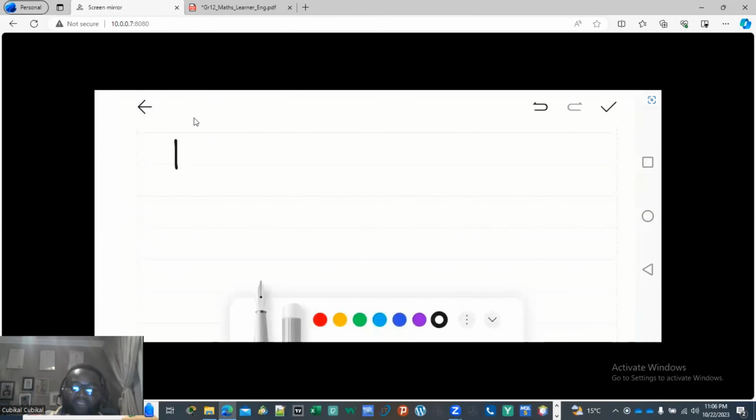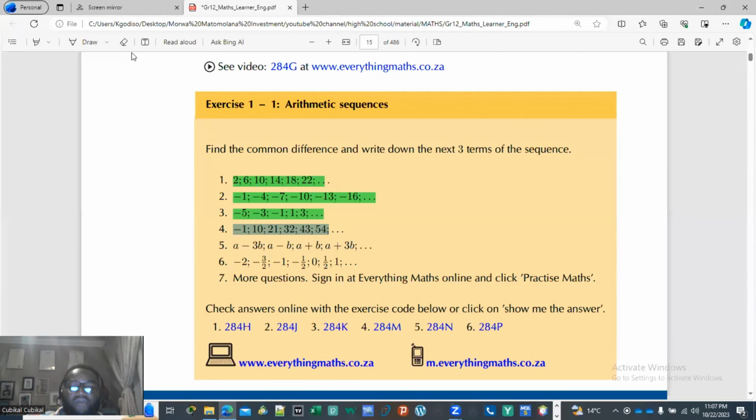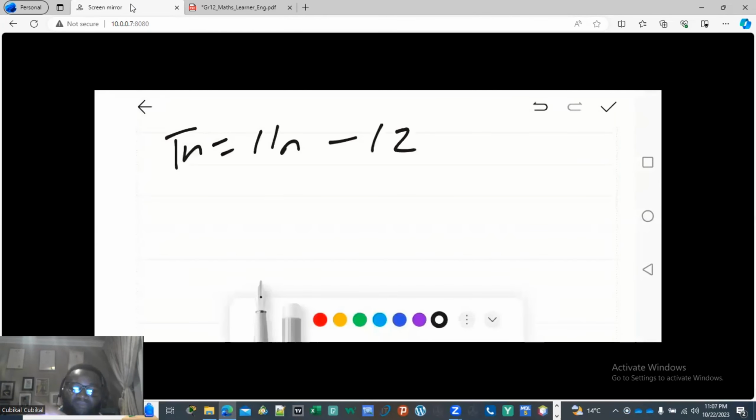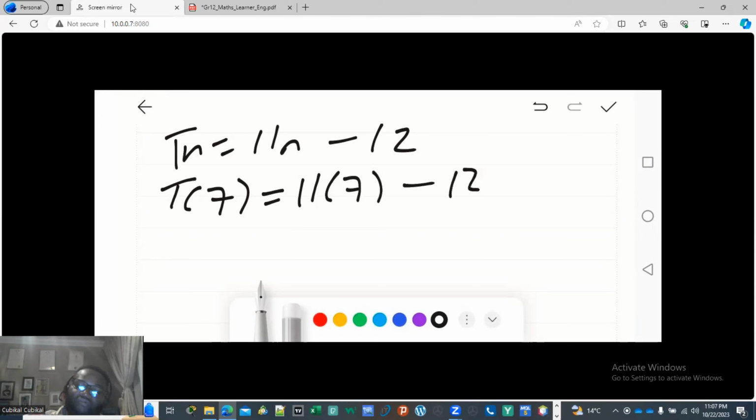We are having our Tn as 11n minus 12. So for term number 7, we are going to be getting 11 times 7 minus 12, which is going to be 77 minus 12. So this must be a 65.